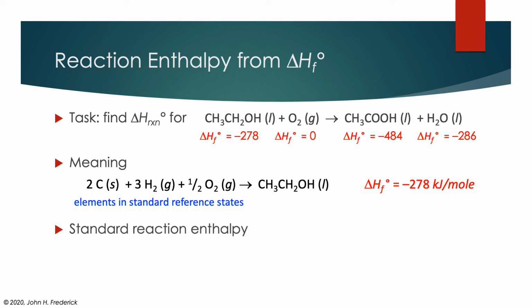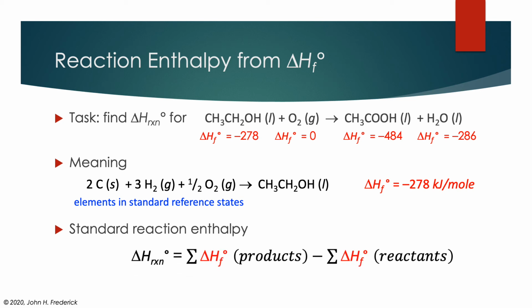So it turns out that we can write any standard reaction enthalpy in terms of these heats of formation as follows. The standard heat of reaction is going to be the sum of the heats of formation for all the products minus the sum of the heats of formation for all the reactants. So it's basically the change that occurs from going from reactants to products.